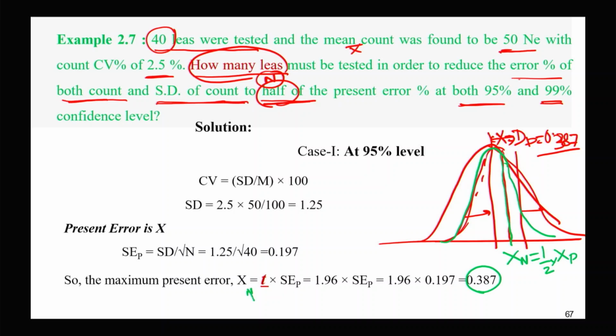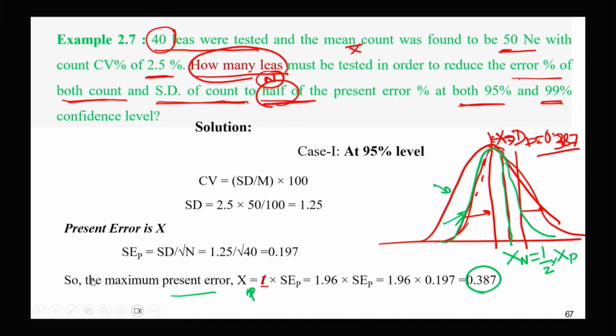So from our earlier discussion, we can easily make out that to bring this present curve to this stage, we need a large number of samples. So that's what we have to calculate.